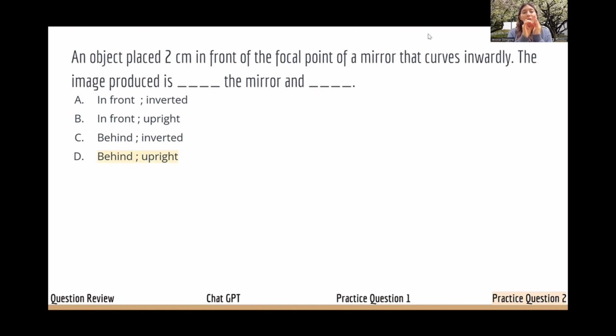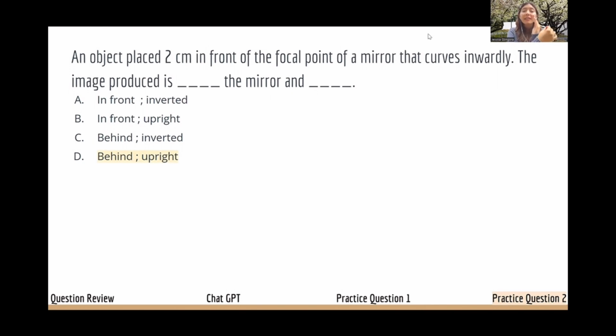The reflected rays don't intersect with one another to produce that inverted image in front of the mirror. What actually ends up happening is, because our eyes perceive light in straight rays, it traces back the reflected rays to behind the mirror and produces that image.